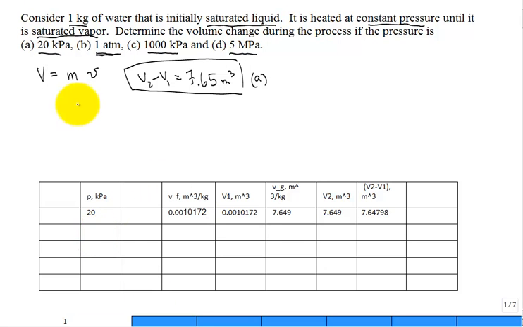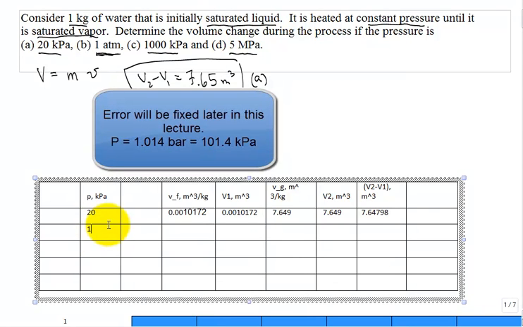But I would come in here and put in the pressure of 1.014 atmospheric pressure, you can see why I left this column here.